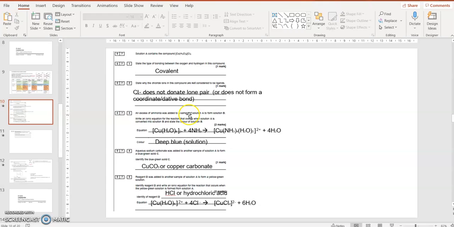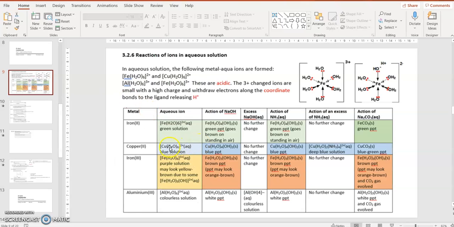An excess of ammonia is added to the sample to form solution B. Well, a bit of a tricky question this, because what happens is when ammonia is added, first of all it forms the hydroxide, Cu(H2O)4(OH)2. Ammonia forms ammonium hydroxide, as we talked about before, and the hydroxide part replaces 2 of the waters and makes ammonium ions.